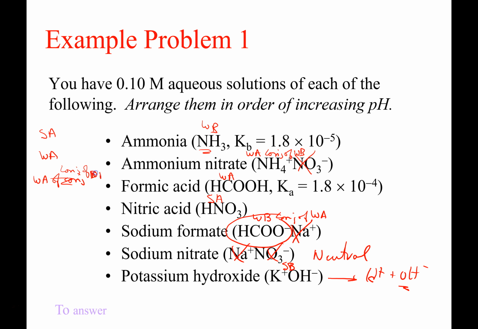And then I'm going to hit neutral. And then I'm going to go wimpy base, which is a weak base, and it's a conjugate of a weak acid. And then I'm going to go weak base. And then I'm going to go strong base.